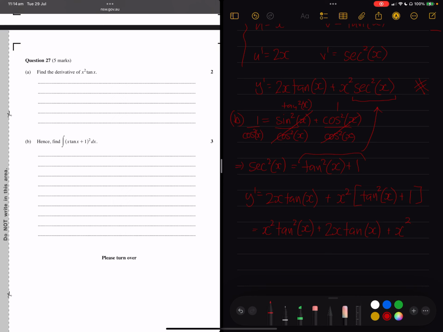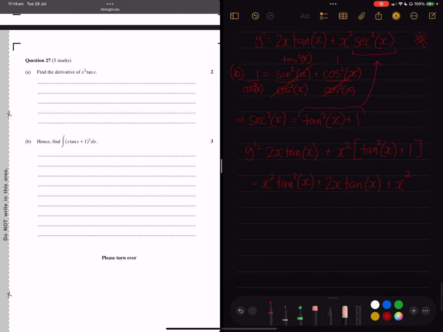Now we're going to try and factorize this. This particular expression should have an x and a tan of x in it. So we should have x times tan of x, this squared gives us the first term. We need 2x tan of x in there as well.